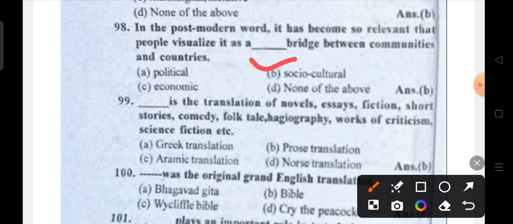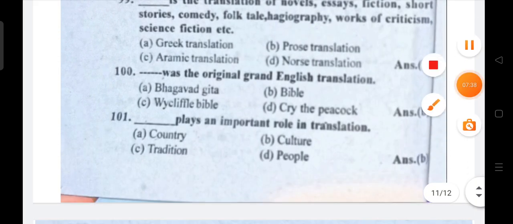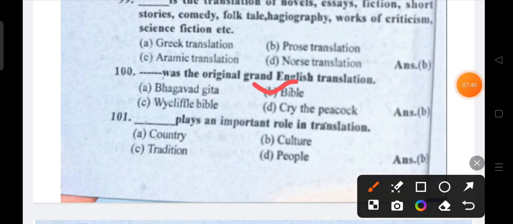Prose translation is the translation of novels, essay, fiction, short story, comedy, folktale, hagiography, work of criticism, science fiction, etc. Answer is B. Bible, the original Grand English translation.